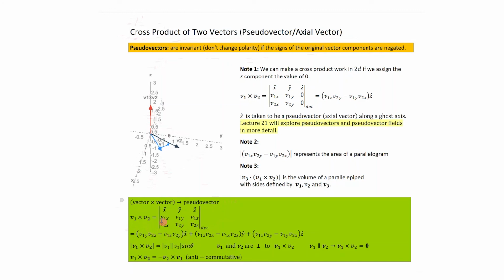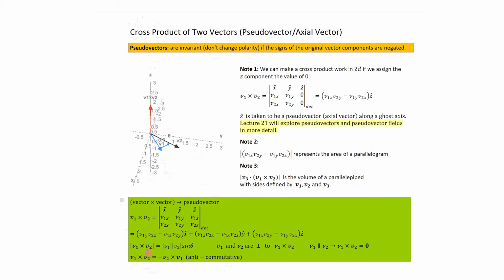Now, if you compute the determinant of this matrix, and go back and review from last year how a determinant of a matrix is computed, then what we end up with is this component preceding the x hat vector, this preceding the y hat, and this preceding the z hat. Okay, so let's look at some properties.